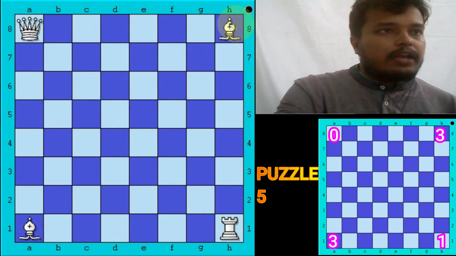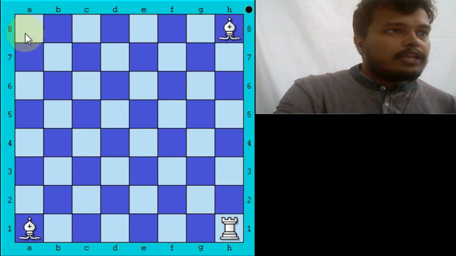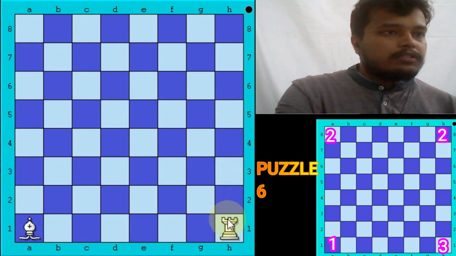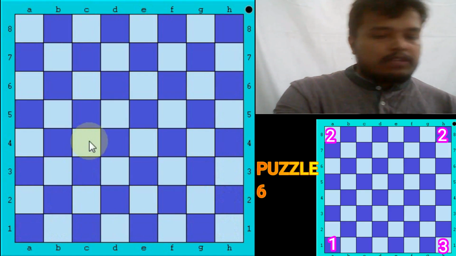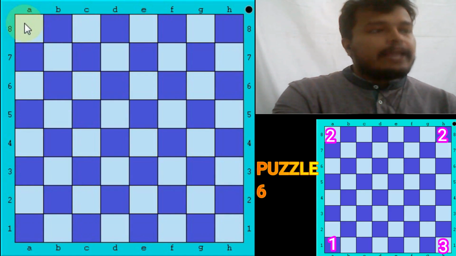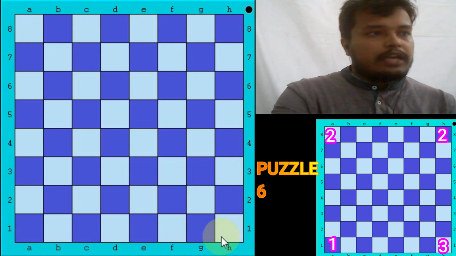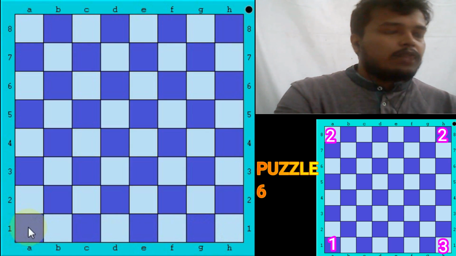So this was another variant, and in the next variant you have to place the pieces in such a way that the a8 square is attacked twice, the h8 square is attacked twice, the h1 square is attacked thrice, and the a1 square is attacked only once.